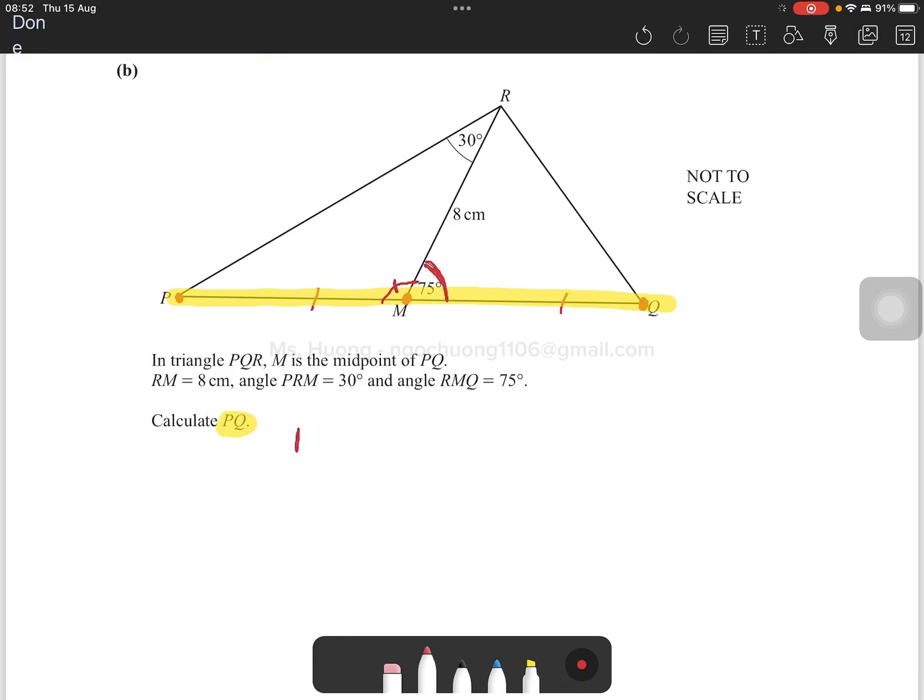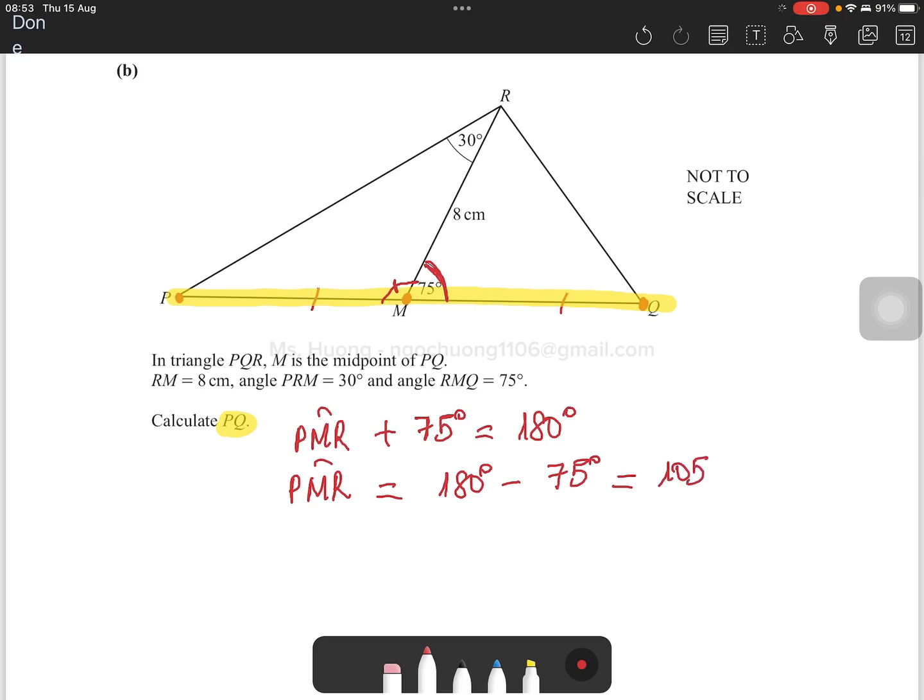Because they are the angles on a straight line, PMR plus 75 degrees is 180 degrees. Angles on a straight line add up to 180. So to find the size of PMR, we subtract 75 from 180, which is 105 degrees. So this is 105 degrees.